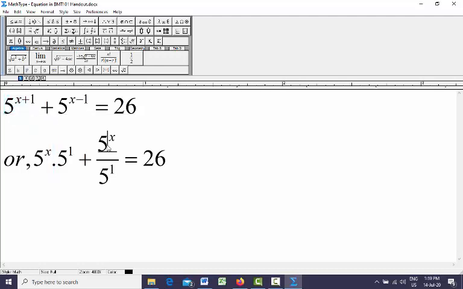And again this one, here also base 5, here also base 5, but these two bases 5 are in division. So from the numerator's power, the denominator's power will be deducted. So that means x minus 1. It will be same as it is. When there is a minus in the power, that means we can go for division like this. When there is a plus, we can go for multiplication like this. Okay, right.